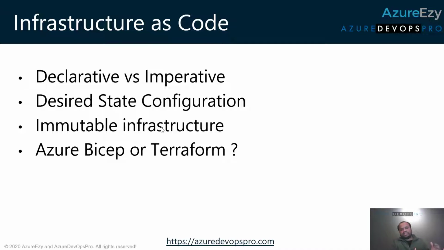In that sense, Terraform shines well. Terraform supports not only the public cloud providers, but many infrastructure tools that you can configure using Terraform, including public cloud providers. So that is one major difference.